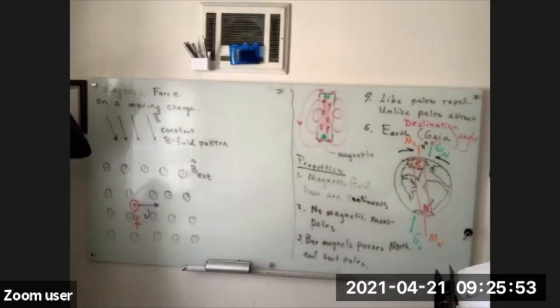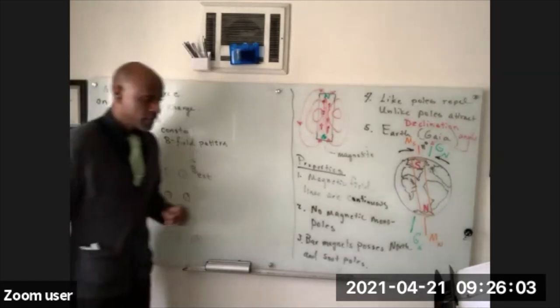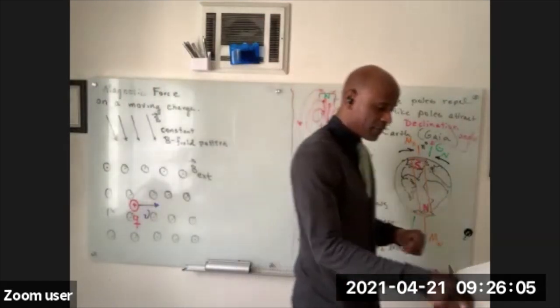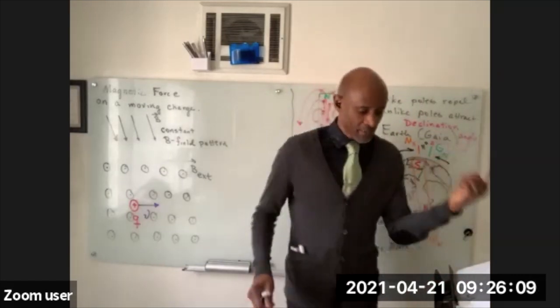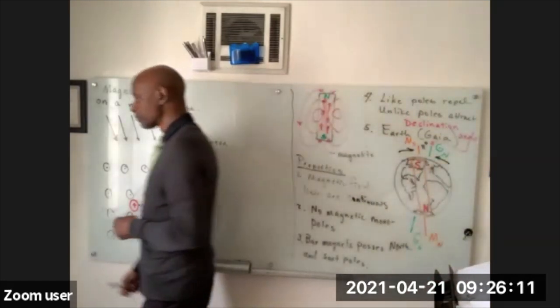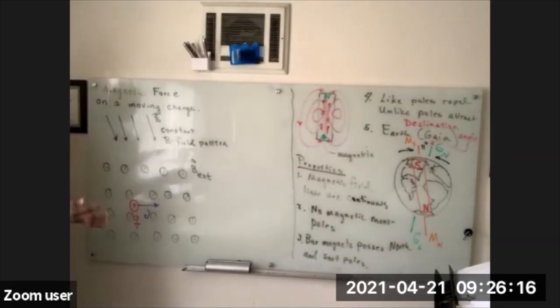Now, what is the nature of this force? Well, first of all, let's write down the magnitude of the force. And from that, we're going to define the definition of magnetic field, and then we'll talk about the direction. So the magnitude of the force, the definition of magnetic field, and then the direction of the force.